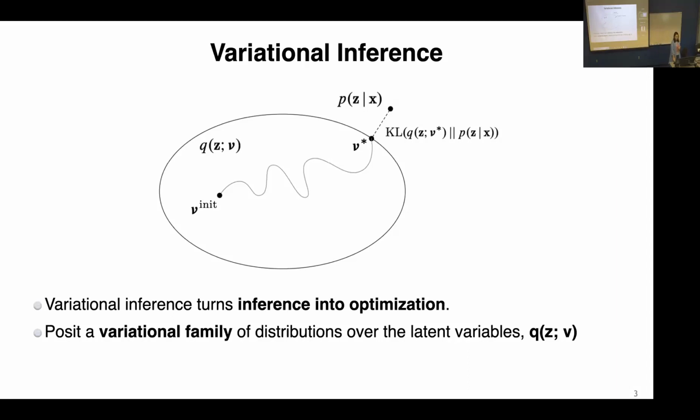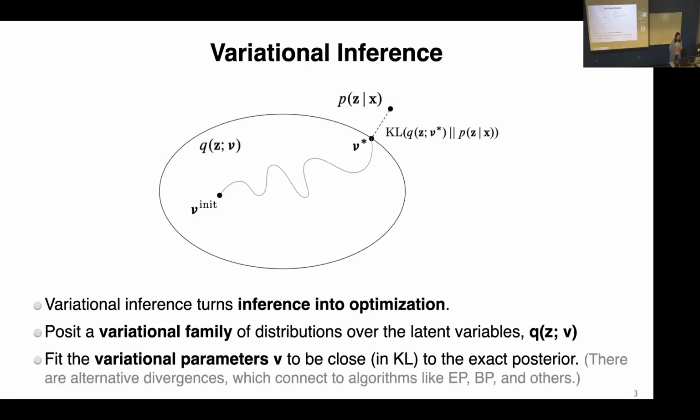We want to learn V, so that Q(Z|V) would be very close to the true posterior. And the way we achieve this closeness is by minimizing the KL divergence between Q and P.